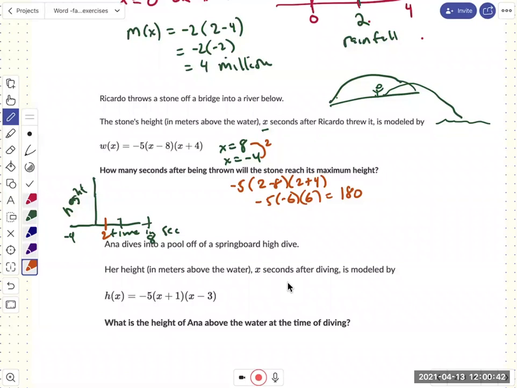Well, then you might say, what's the height when it starts? And so he's on this bridge. So you can say -5, 0 minus 8, 0 plus 4 equals -5 times -8 times 4. Well, it's 20 equals 160. So he's at 160 feet, and then it goes up to 180, and then it goes down to the water.